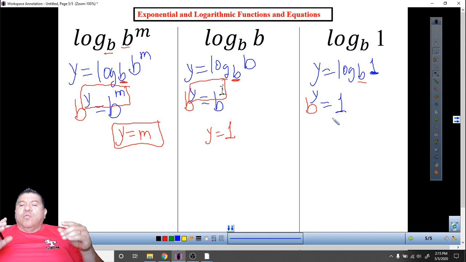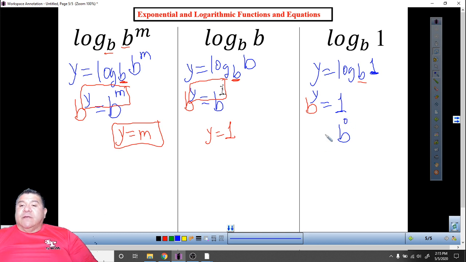Let me repeat that again. Any number to what exponent will always give us 1? That is correct. 0. So if I was to rewrite this with the same base, that means this has to be base b. Okay? So b to what exponent gives me 1?